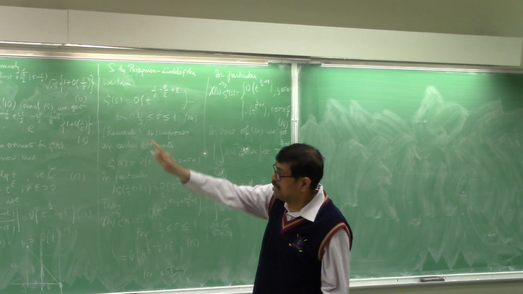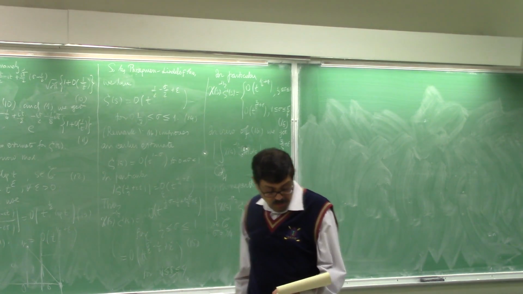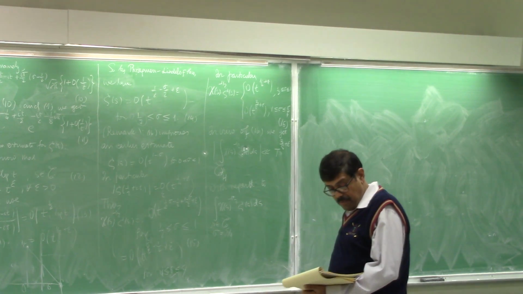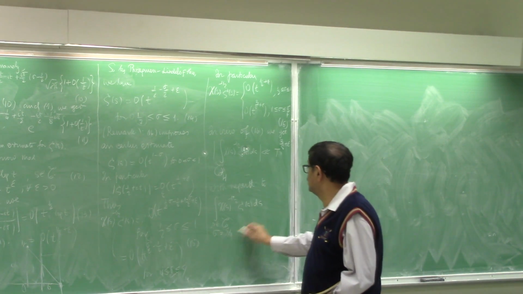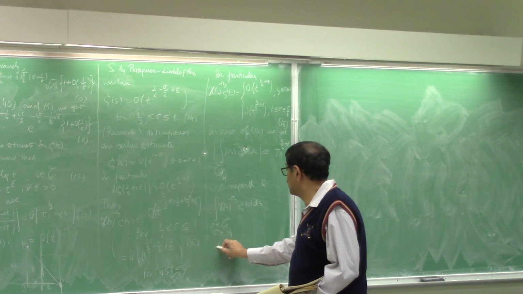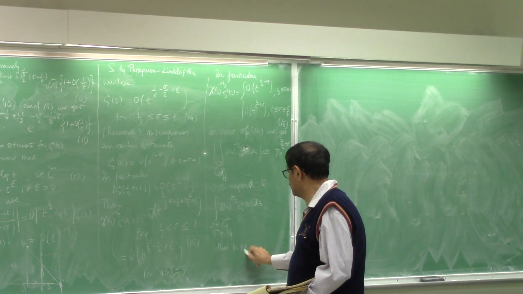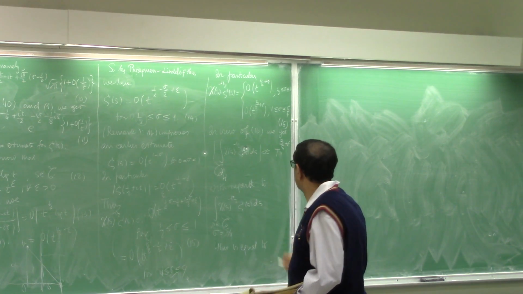That's the vertical part of that contour. What do we get? Okay, so now you will see where lemma 4 comes in.